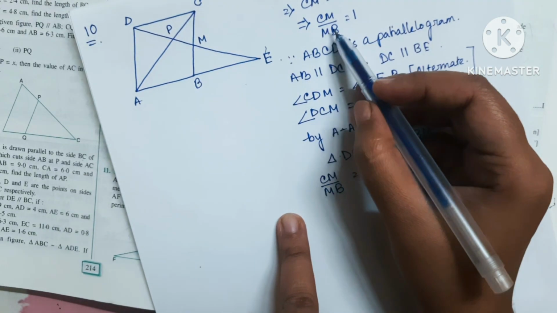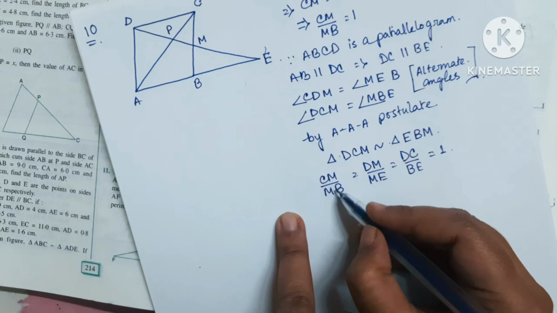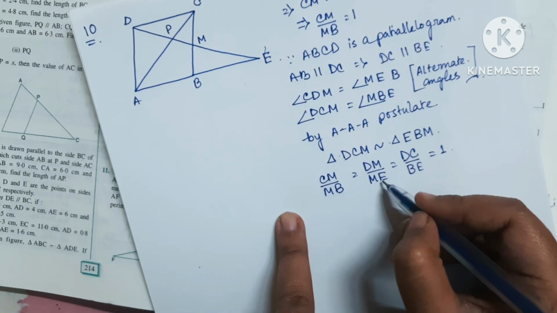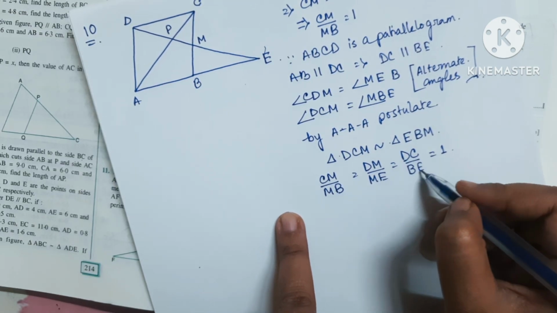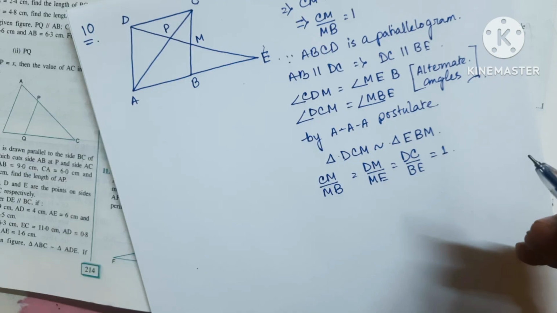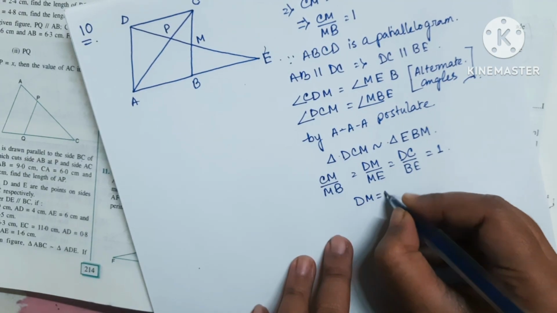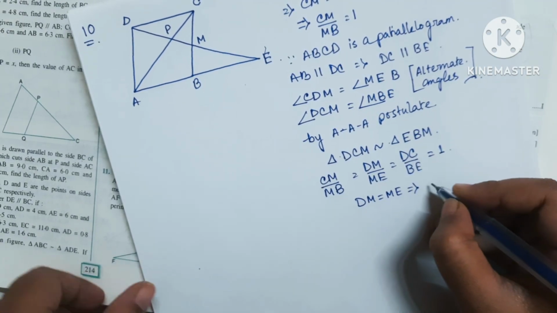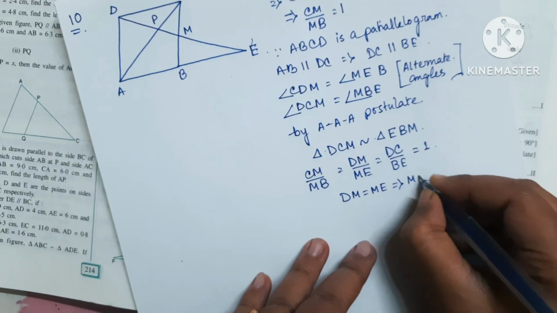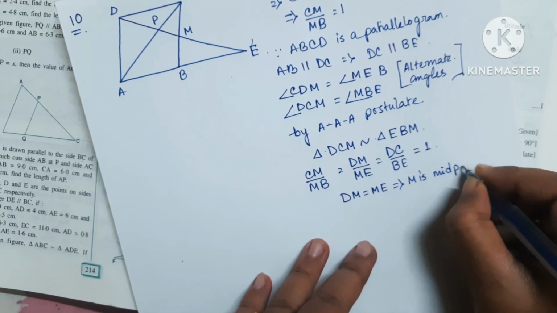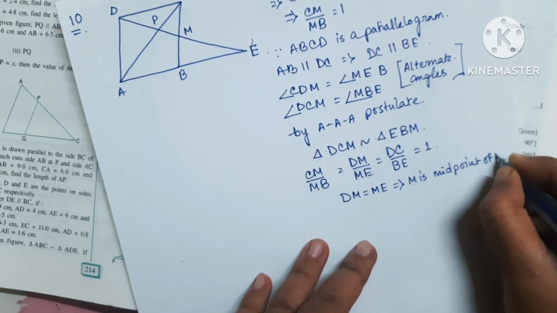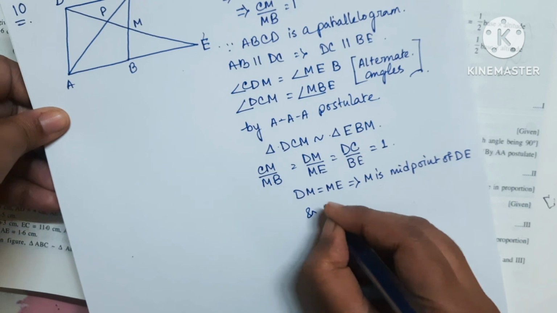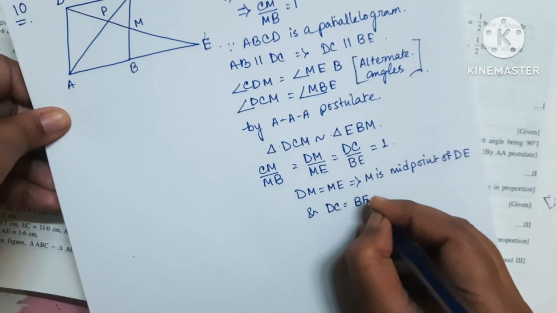Why? Because CM by MB equal to 1. So that means DM is equal to ME, which means M is midpoint of DE and DC is equal to BE.